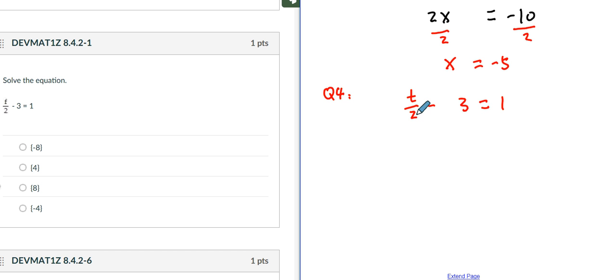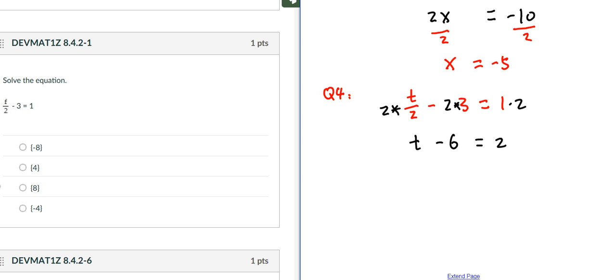The 2 is on the denominator, so multiply by 2 everywhere. Then 2 downstairs, 2 upstairs cancel. You have t, and then minus 2 times 3 is 6. And here is 2.